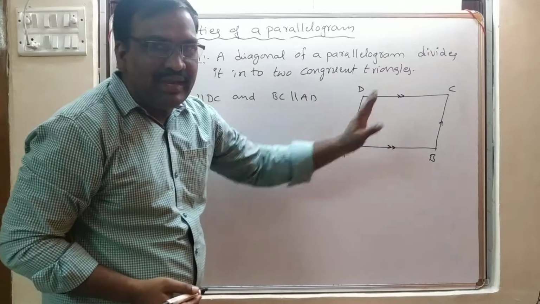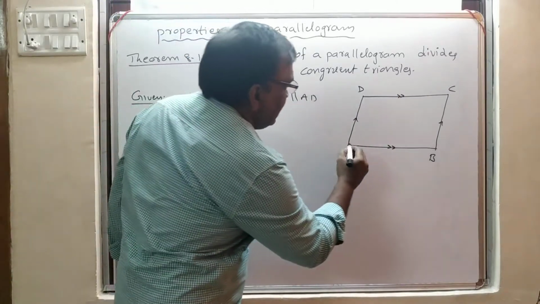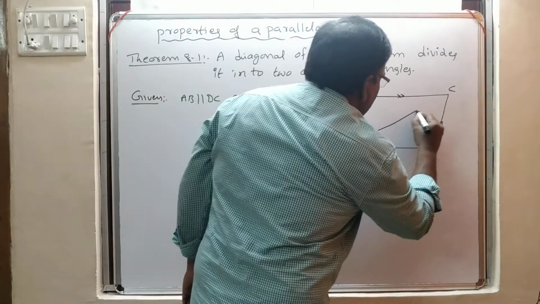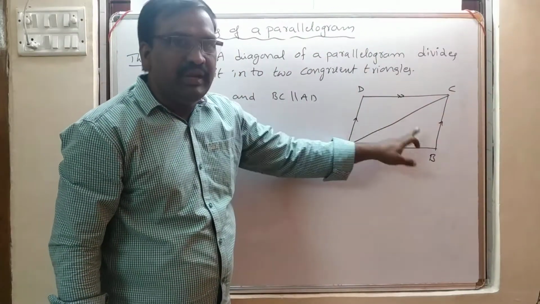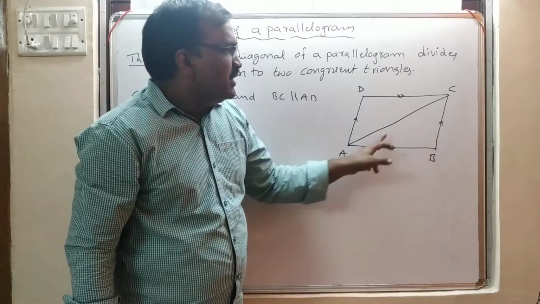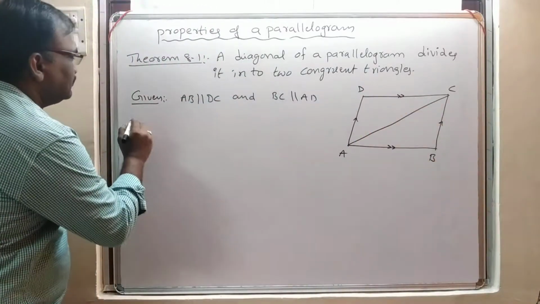So take any one diagonal. Take diagonal AC. This divides the parallelogram into two triangles. Draw a diagonal AC.